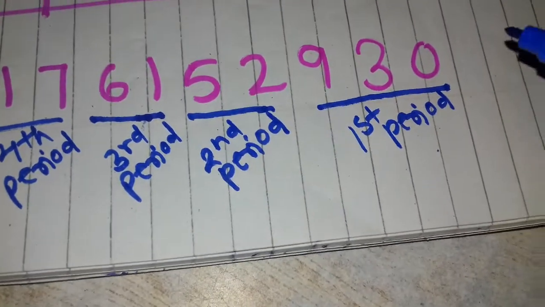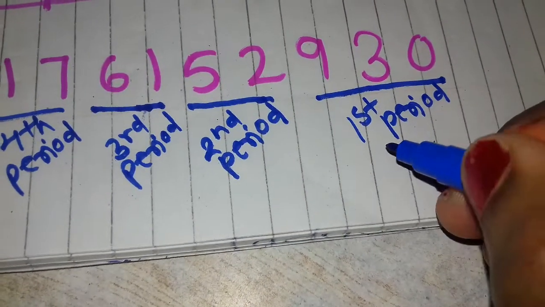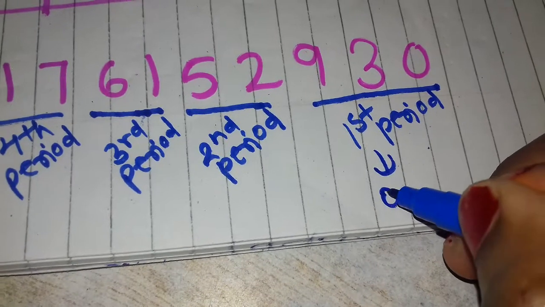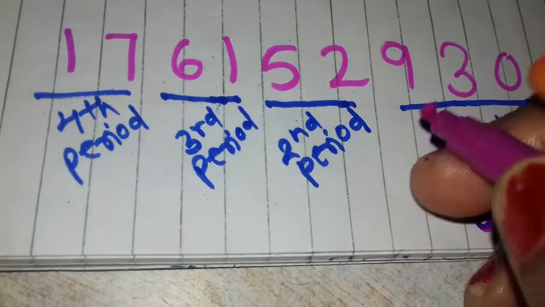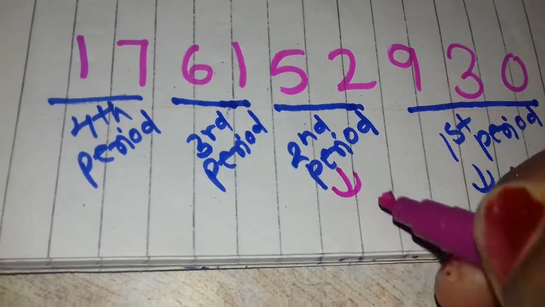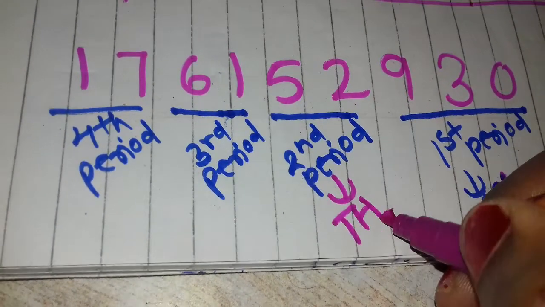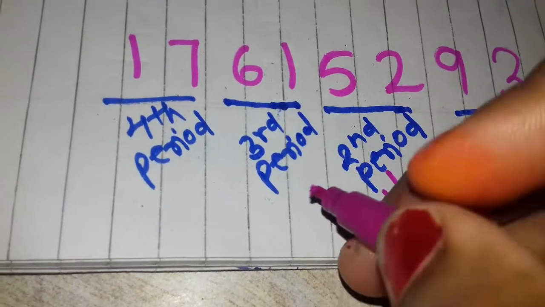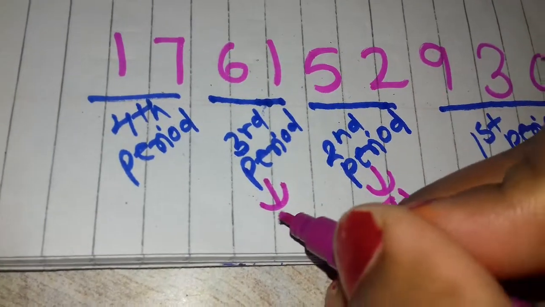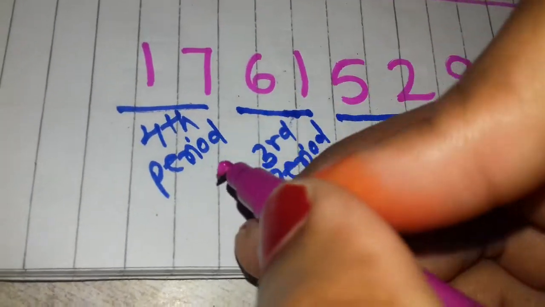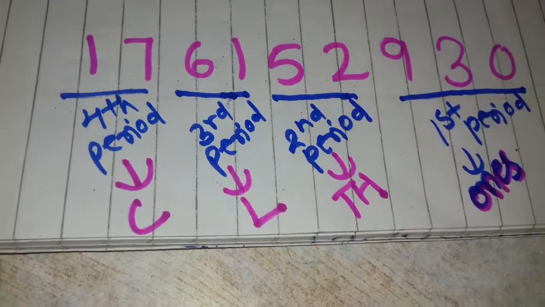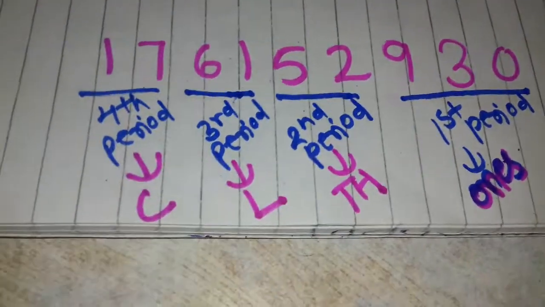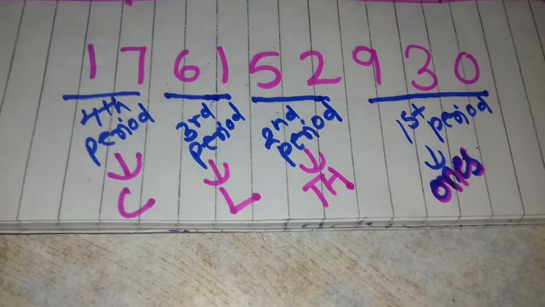What do we call the first period? Ones. What do we call the second period? Thousand. What do we call the third period? Lakh. What do we call the fourth period? Crore.